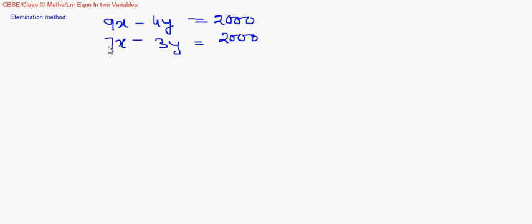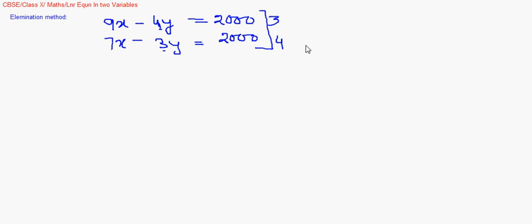Here we can eliminate y because it becomes easier. To eliminate y, we will need the numerical part equal for y. For doing so, we'll multiply the first equation with 3 and the second equation with 4.